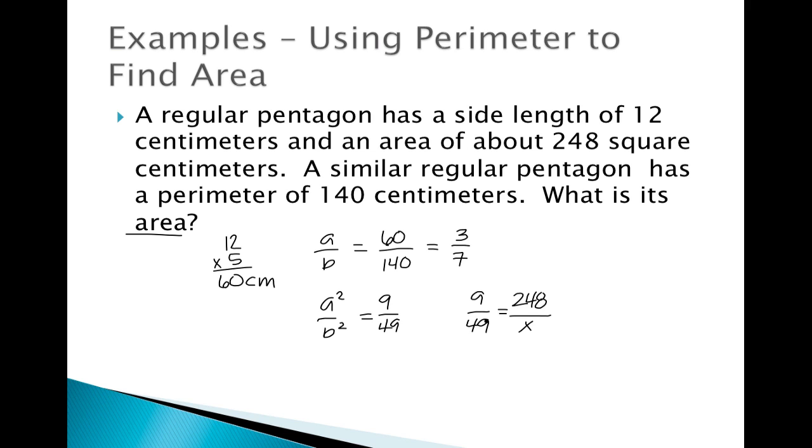Once we cross multiply and divide, we do 248 times 49 and divide that by 9, which equals x. Put that into your calculator and you'll find that the area of the second similar regular pentagon is approximately 1,350 square centimeters. So that's how you solve when using the perimeter to find the area.